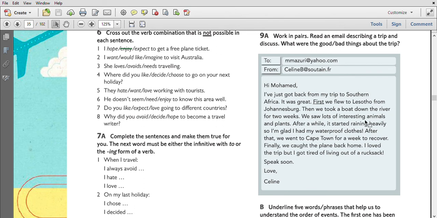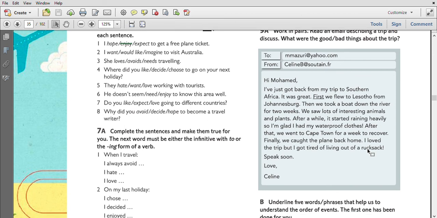And living out of a rucksack means that you packed all your things in a small suitcase or rucksack, and you travel from place to place and stay there not a very long time, just a brief visit of a place. It means that you live out of a rucksack or you live out of a suitcase.